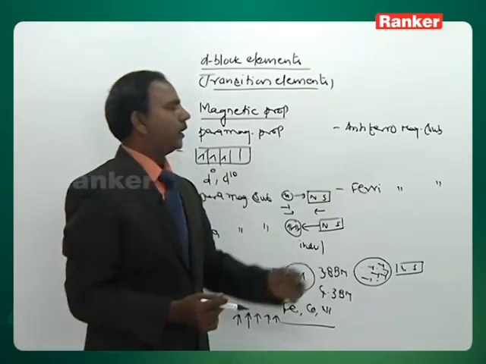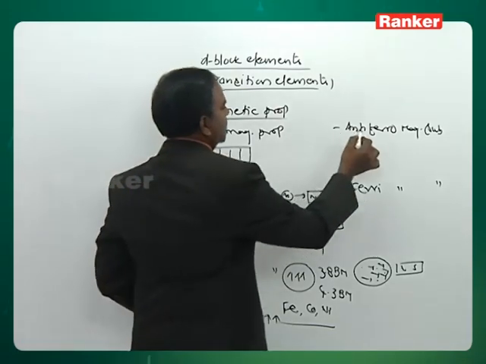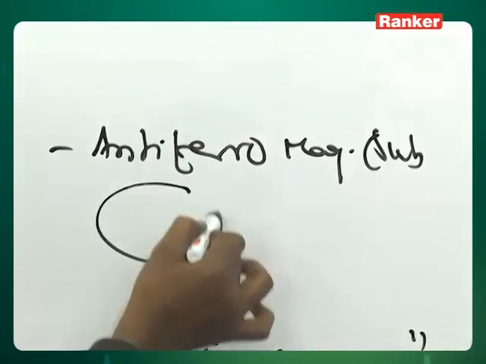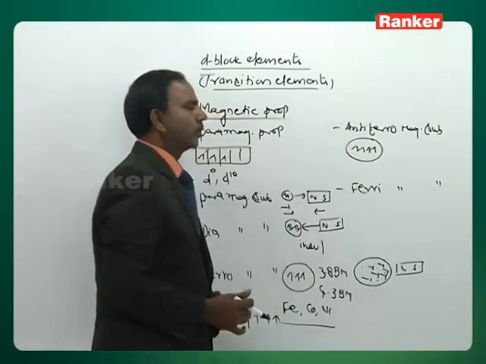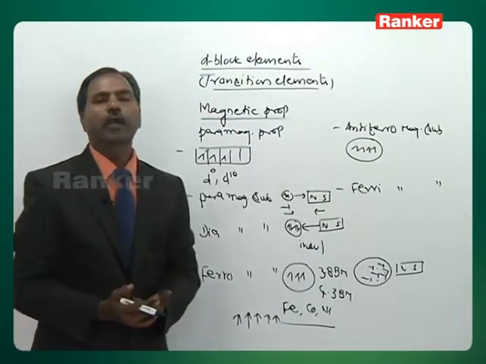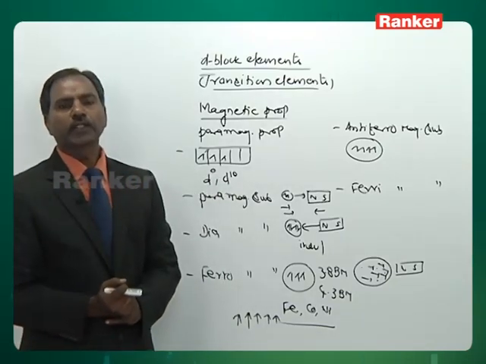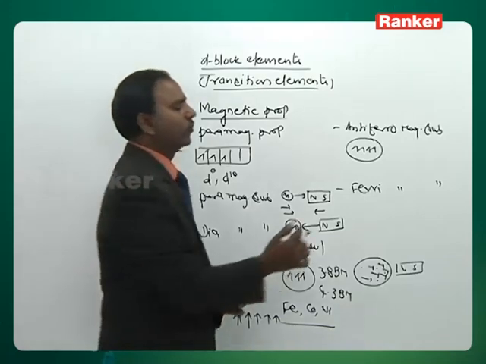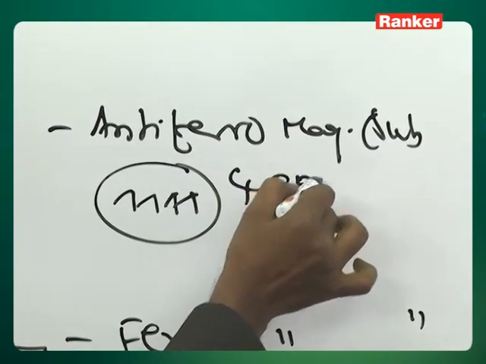Coming to antiferromagnetic substance. The substance which is exhibiting lesser paramagnetic moment than expected from the number of unpaired electrons. Look here, it is carrying 4 unpaired electrons. Once 4 unpaired electrons are there, you can expect a paramagnetic moment of 4.8 Bohr magnetons.